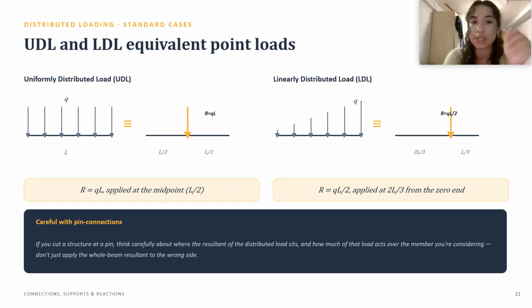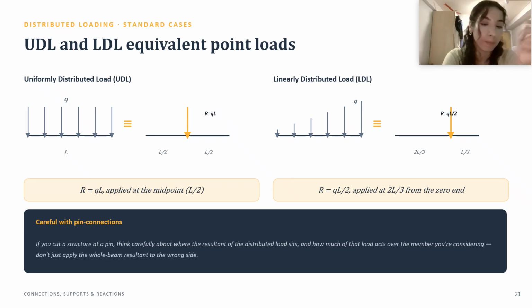Now, what if it's a linearly distributed load? This one looks more like a triangle. The position of the resultant force is different here. It's not going to be in the middle from where it starts to where it ends. First of all, let's look at how to find the resultant force.